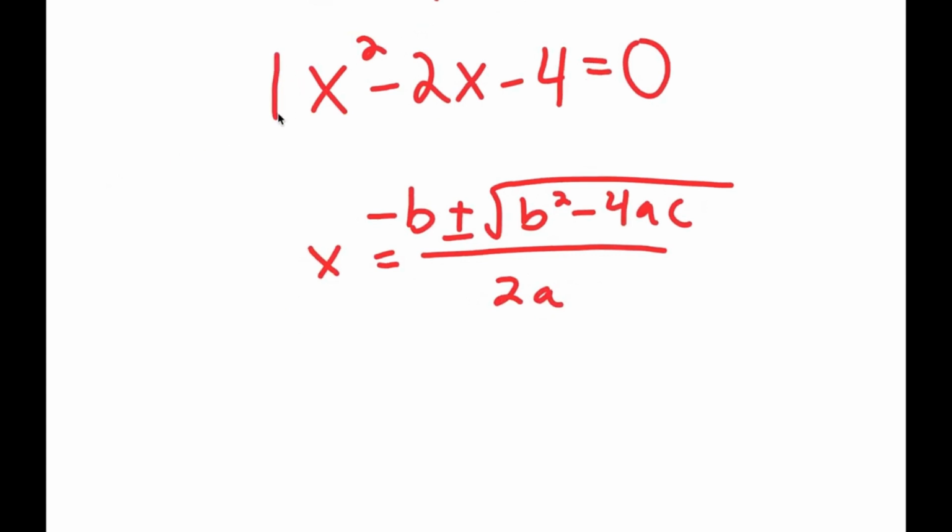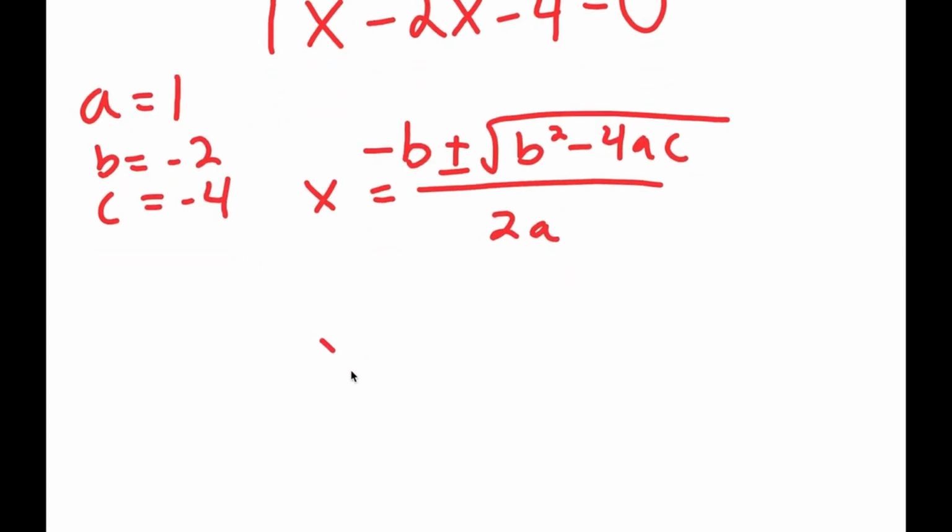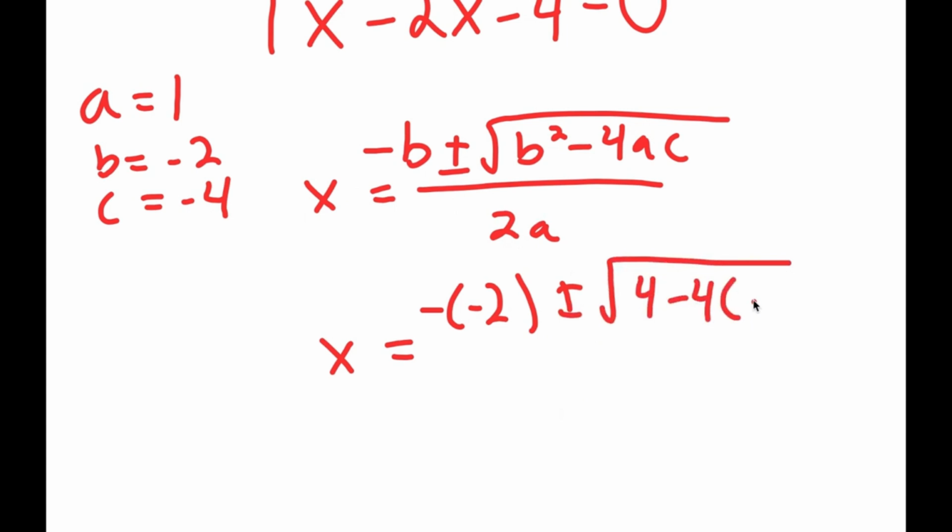So in this case, a is equal to 1, b is equal to negative 2, and c is equal to negative 4. So I get x is equal to negative of negative 2 plus or minus the square root of b squared, so negative 2 squared, which is 4, minus 4 times a, which is 1, times c, which is negative 4, all over 2a, so 2 times 1.